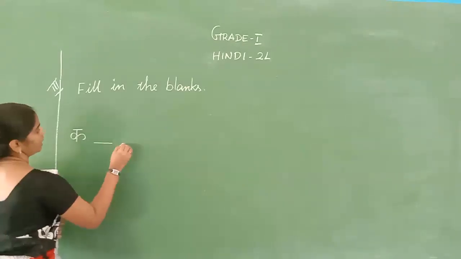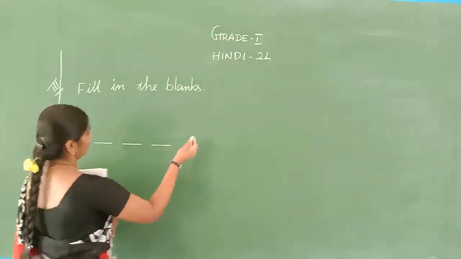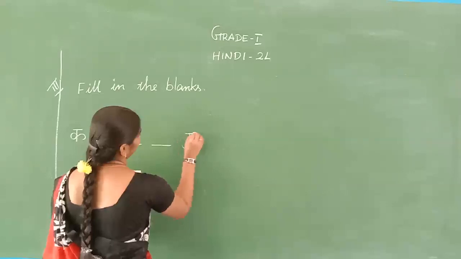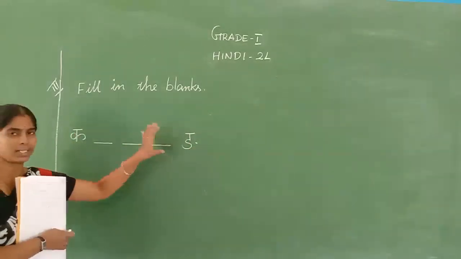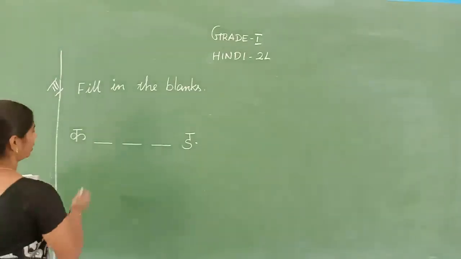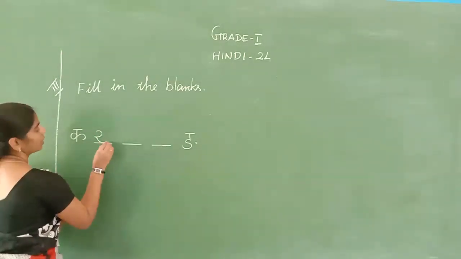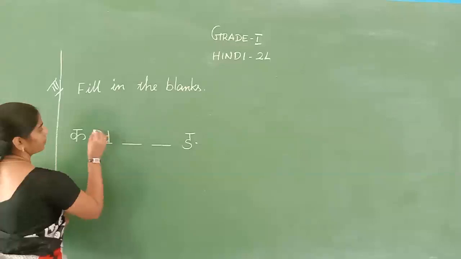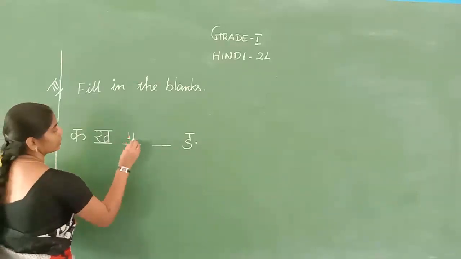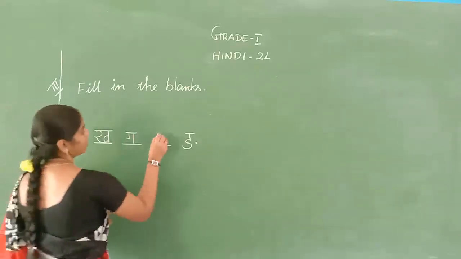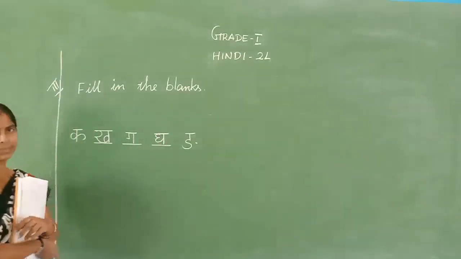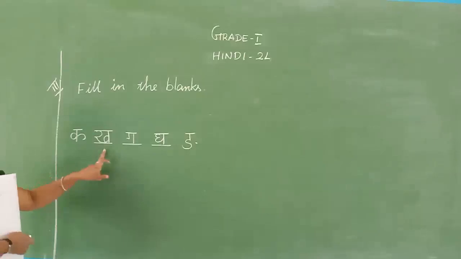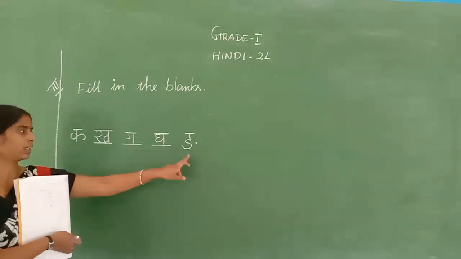Ka, dash, dash, dash, and na. What letters will come on the dashes? Okay, ka, kha, ga, gha, na. Right, children? Ka, kha, ga, gha, na.